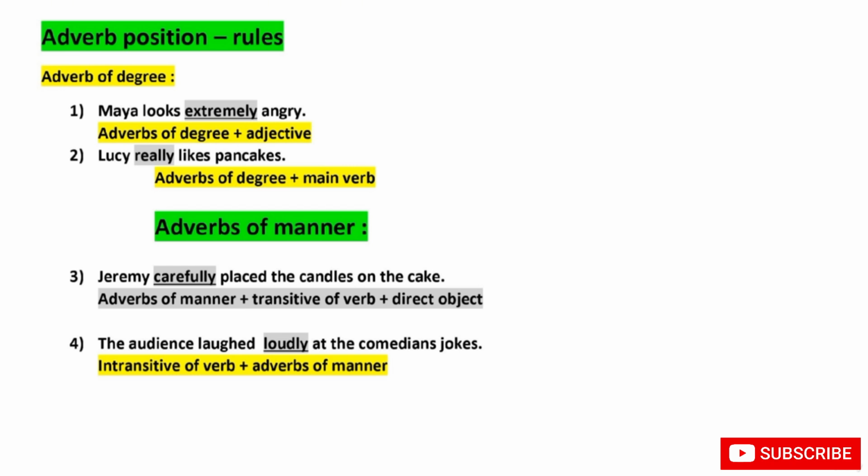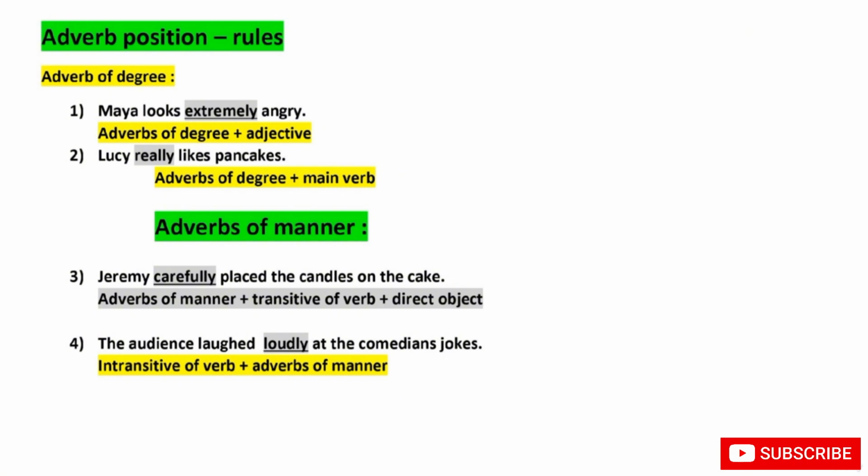In number 2, the problem is that adverbs of degree, very, really, etc., don't usually go at the beginning. This is just like the last example, but here the adverb really tells us about the verb likes. So the best place to put it is right before the verb. So Lucy really likes pancakes.